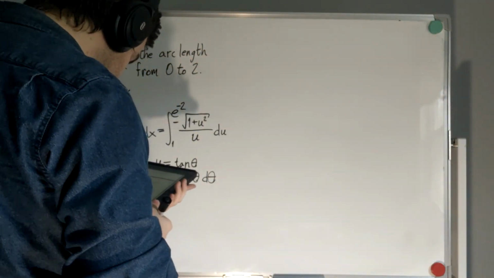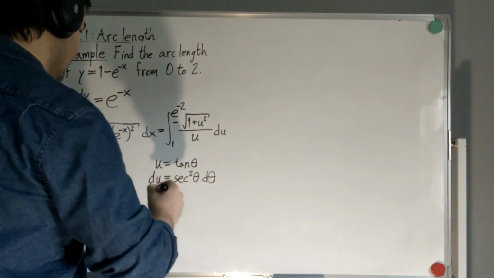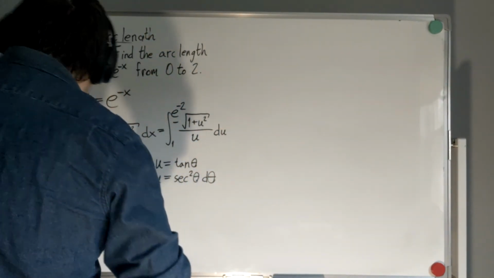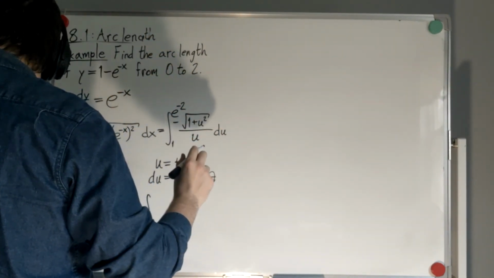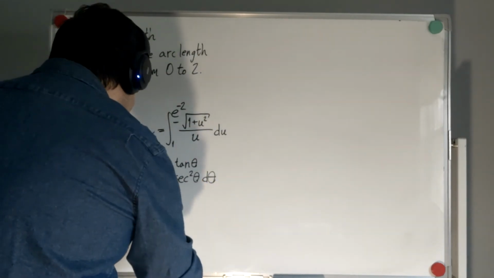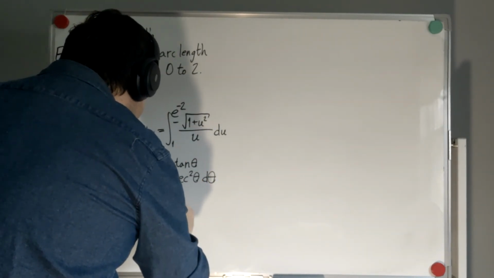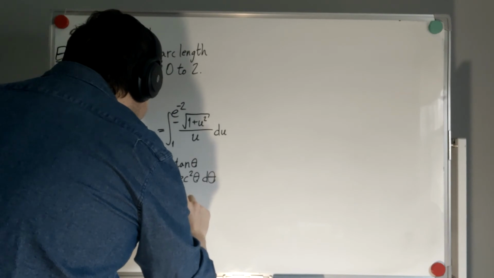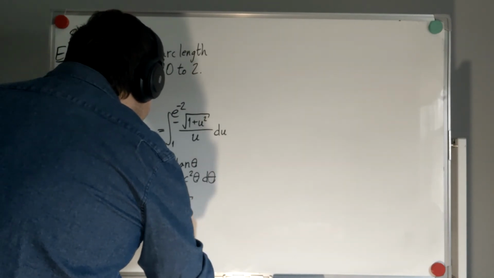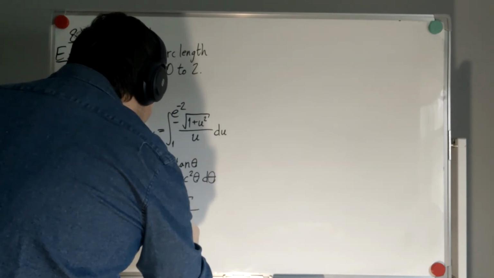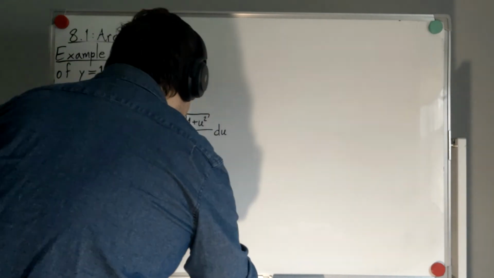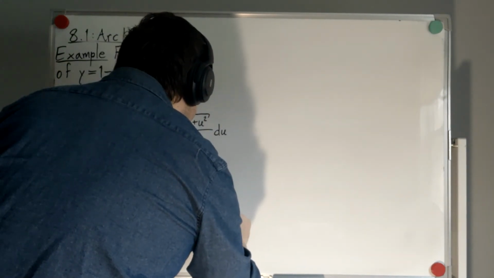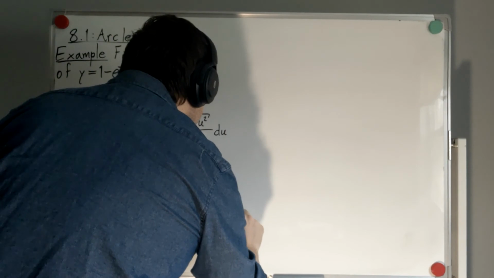This ends up becoming the integral of negative square root of 1 plus tangent squared theta divided by tangent theta times secant squared theta d theta.